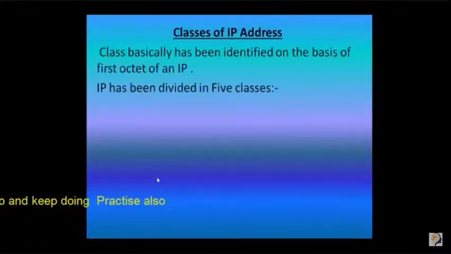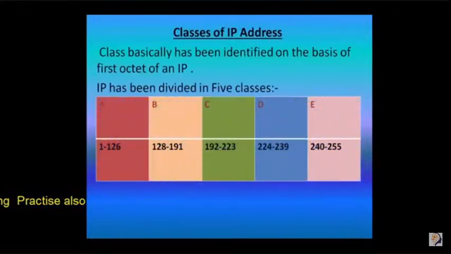Let's come to the classes. If the first octet of an IP starts with 1 to 126, that is an A class IP. If the first octet is 128 to 191, it comes under B class.